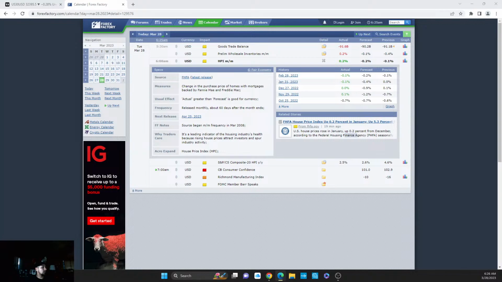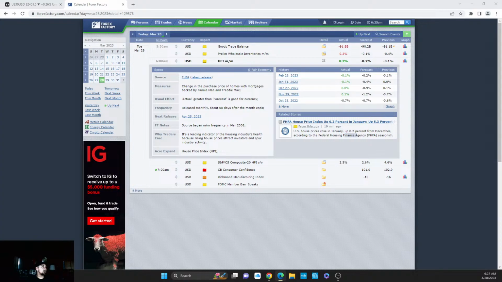So we'll see. We shall see. All right, so let me get my screens up. It does look like it could come down, like on the weekly, just from what I'm seeing on the weekly.